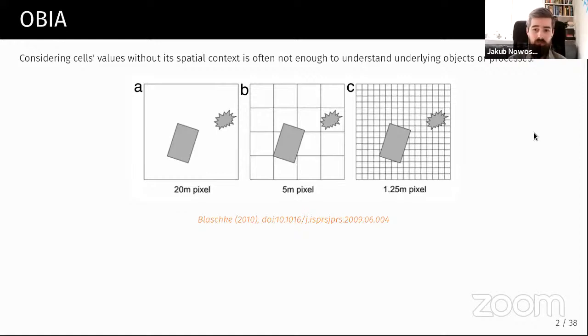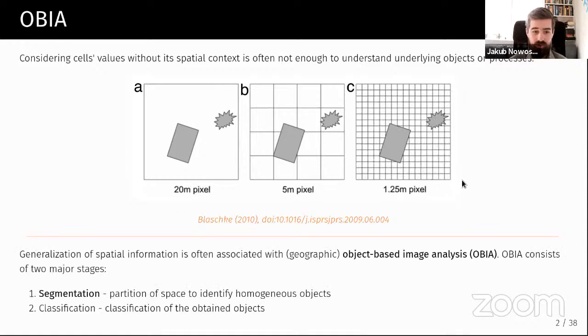But the cells often do not relate to actual objects in real life or actual processes in real life. In this concept, we can also think about different cell sizes, that sometimes our cells are maybe too large or maybe too small to consider our objects or processes.